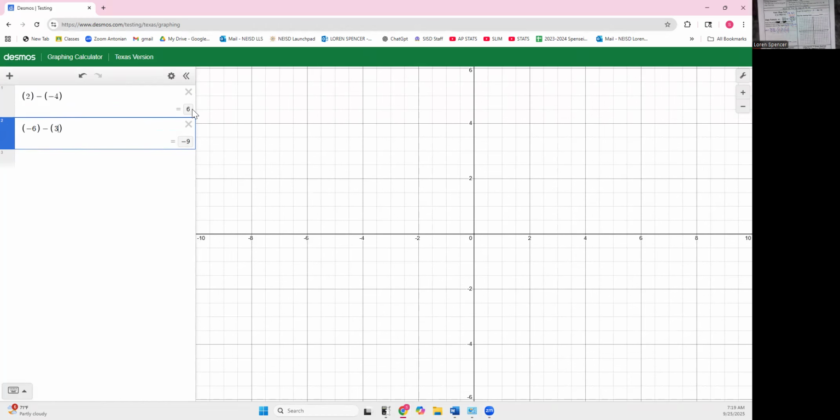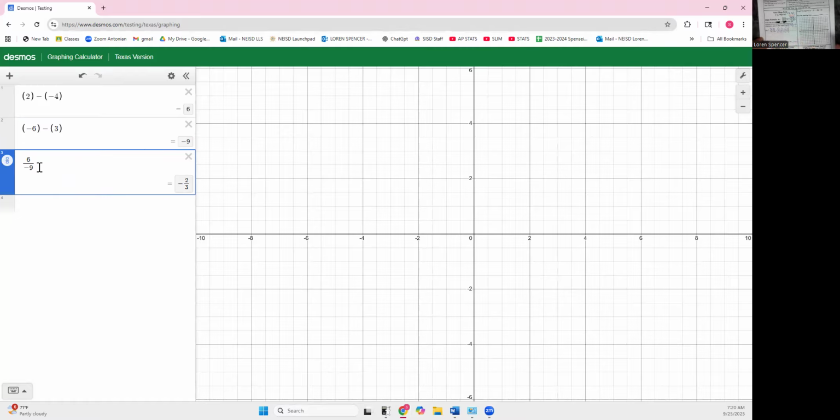So I end up getting 6 over -9. So let's put that in there. 6 slash -9, and I get this ugly decimal. But if I press over where the circle is, it can reduce it to -2/3.